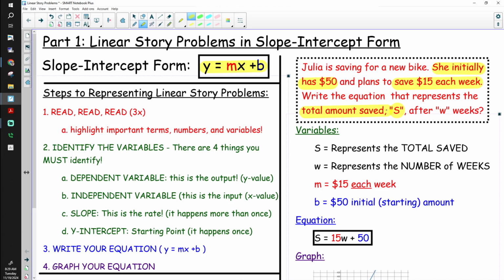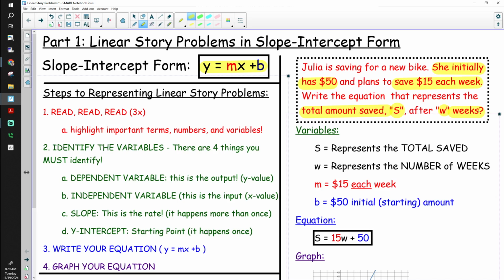And lastly, we know W represents the number of weeks that will pass. Everything that's not highlighted is filler. But everything that is highlighted, we're going to somehow need to use to write our equation.